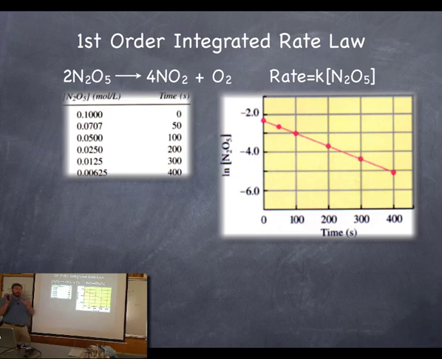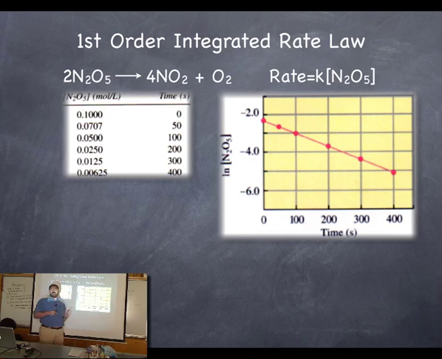Let me show you the setups. We have to learn what gives us straight lines for each of the different orders before we can look at how we would do this. Right now, what I want you to get out of here is that if you are graphing data that has to do with concentration and time, you're going to graph it a couple of different ways. If you graph the natural log of concentration versus time and you get a straight line, that tells you that it's first order.